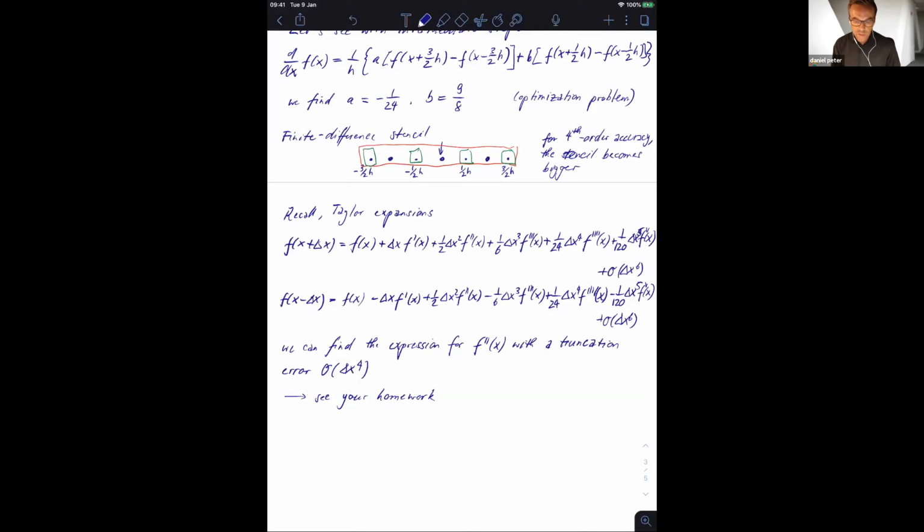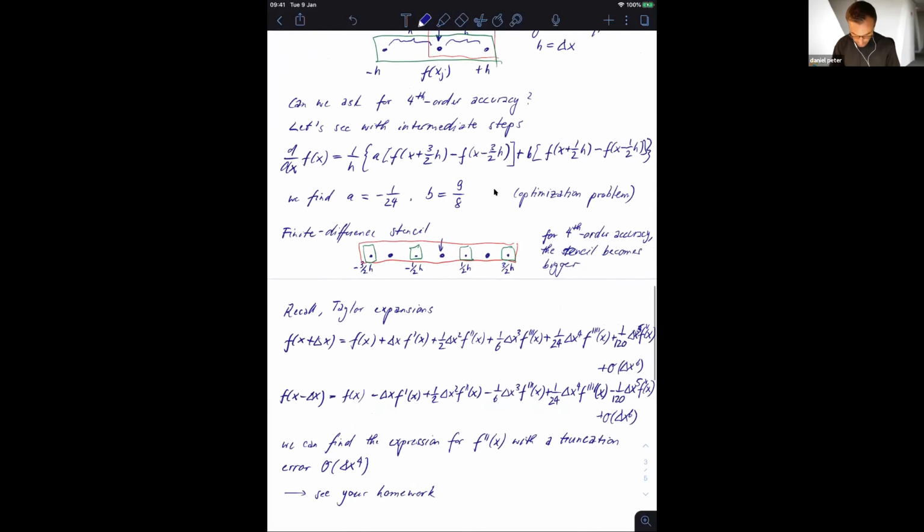Good, and that's basically all when it comes to higher order schemes I want to give you. We could go on to 6th order, 8th order. What you would see is the stencil becomes wider, bigger, and we would just have more complicated expressions which include more neighbor information, basically.